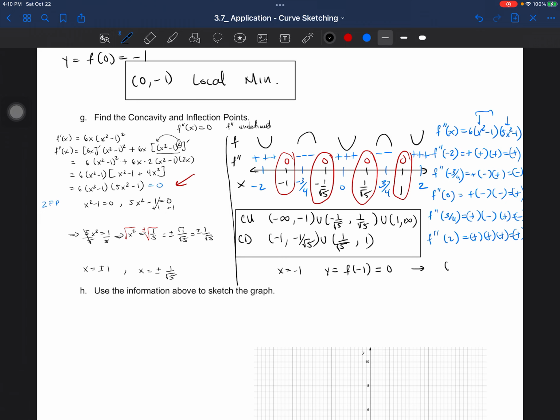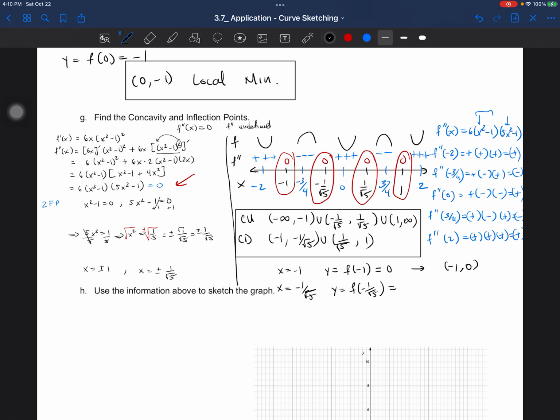So when x equals negative 1, your y value is f of negative 1. If we put this in the original function, it should give us 0. So hence negative 1, 0. X equals negative 1 over square root of 5.